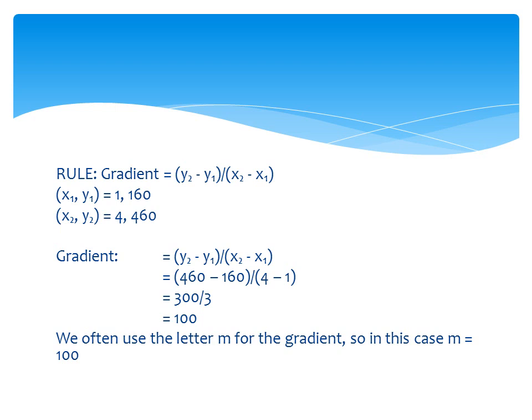So here's our rule, y2 minus y1 divided by x2 minus x1. So it's 460 minus 160 divided by 4 minus 1. When we calculate those, 460 minus 160 is 300, divided by 3 is 100. We often use the letter m to stand for the gradient in maths. So in this case, m, the gradient, equals 100.